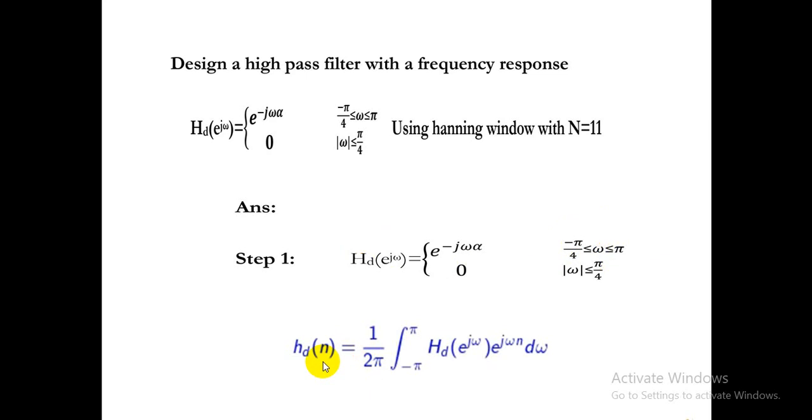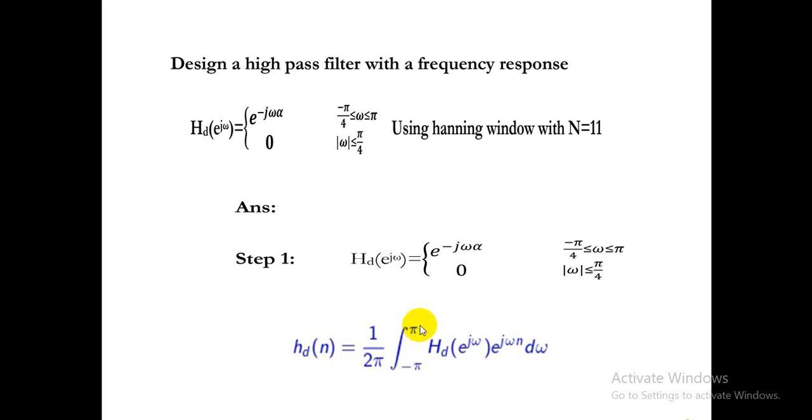To find hd(n) we use the inverse Fourier transform over one period, and the easiest thing to do is to take the limit from -π to +π; you can also take from 0 to 2π. That is also the correct result, right?